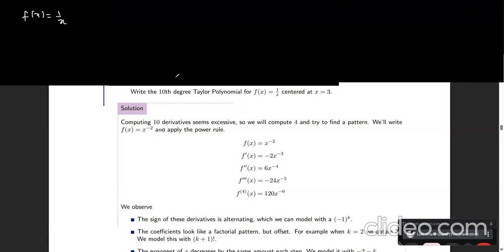10th degree and center at x is equal to 3. Okay.